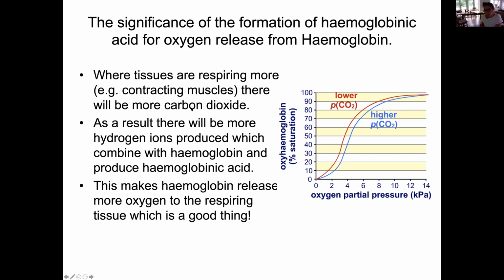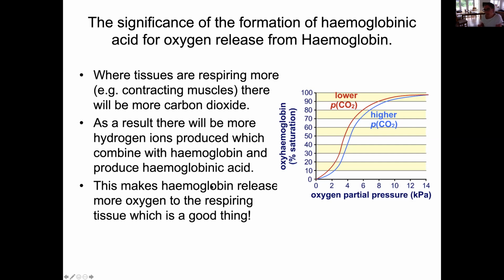Because more CO2 is produced, you're going to have more hydrogen ions produced, which are going to bind with the hemoglobin to produce your hemoglobinic acid. And therefore that makes hemoglobin have a lower affinity for oxygen, and that oxygen is going to be released to the tissues, which makes it a good thing.